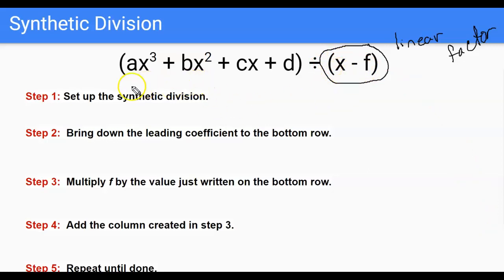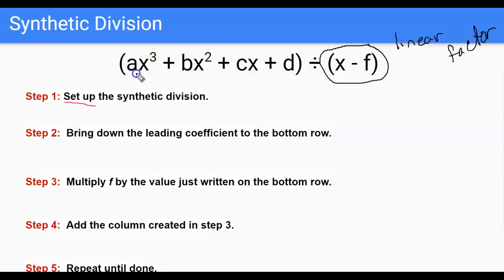So to do synthetic division, the first thing we have to do is set up the synthetic division. When we did long division, we had to put it under the division bar and get everything set up the right way. Well, again, synthetic division is trying to streamline the process. It wants less things to write. So when we're doing synthetic division, we actually don't need to write all of the x's.